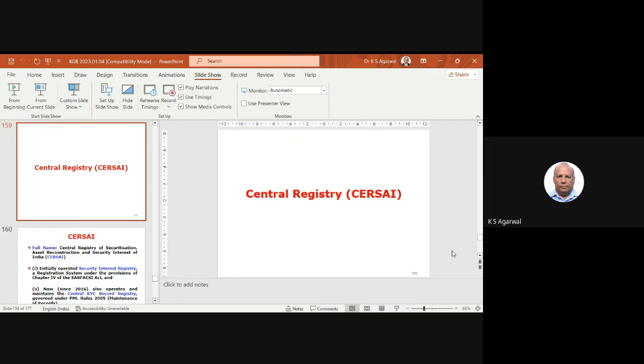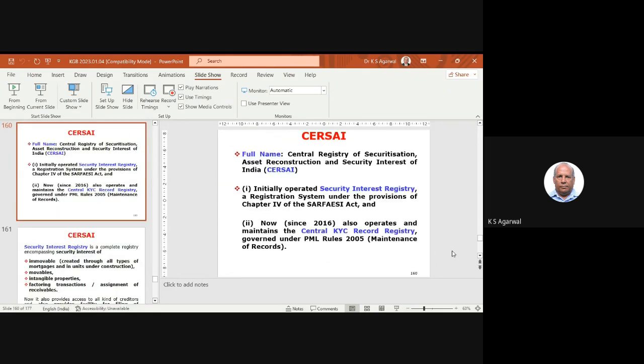Now, SARFAESI, we all know, this is the Central Registry established under the SARFAESI Act. Full name is Central Registry of Securitization, Asset Reconstruction and Security Interest of India, CERSAI. Initially, it operated the Security Interest Registry only under the SARFAESI Act. Whenever a security interest is created, modified, or satisfied, this transaction has to be recorded.